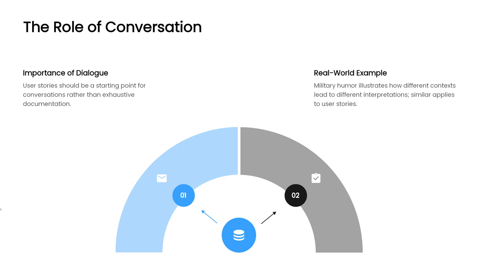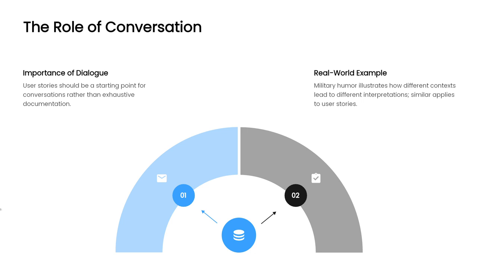There is a military humor example where different branches interpret the same command, secure the building, in widely different ways. The Navy turns out the lights and locks the door. The Army surrounds it with a defensive force.